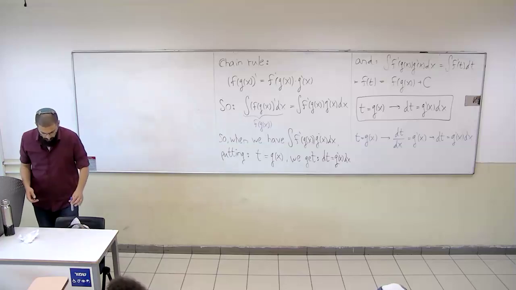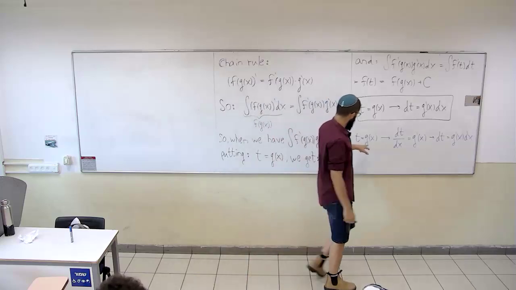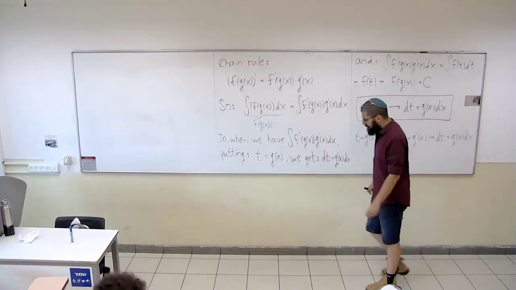So, when, where, how, why would I want to try and substitute t instead of g(x)?